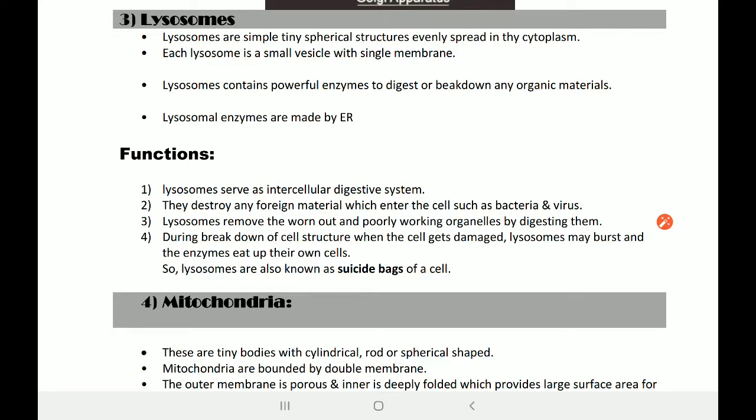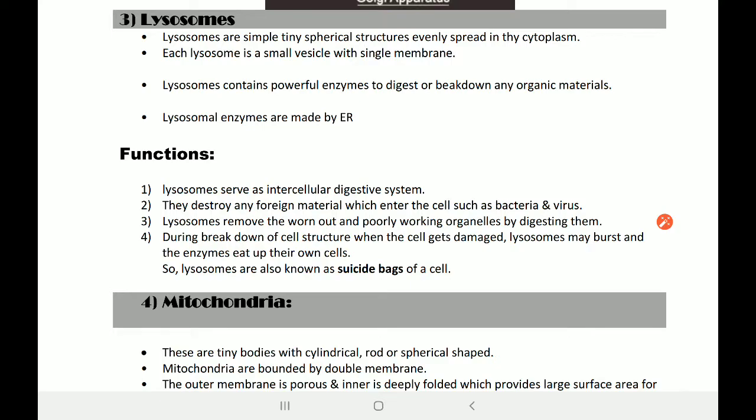That's why it is called a suicidal bag of the cell. So garbage collector and suicidal bag are the names for the lysosome. And who creates the lysosome? It is nothing but the Golgi apparatus, and the enzyme required for the lysosome is generated by the ER.